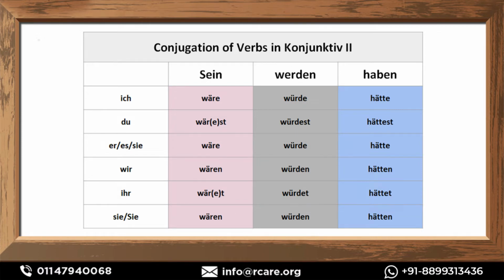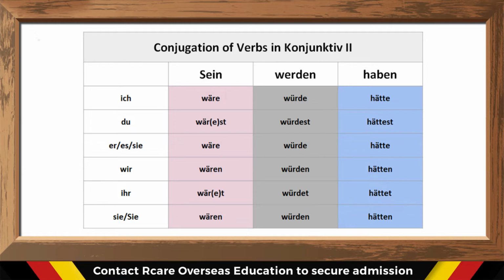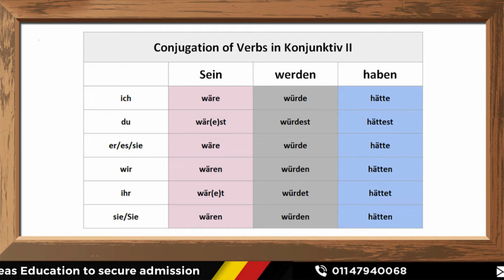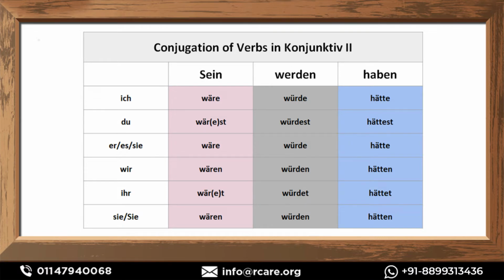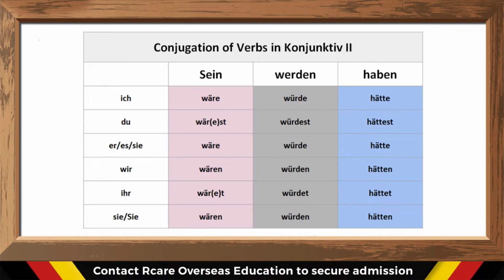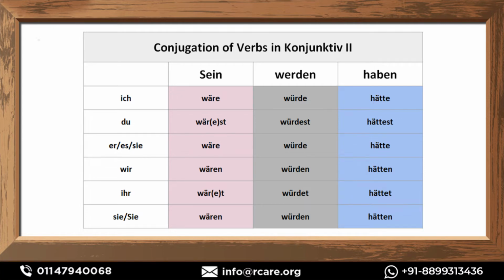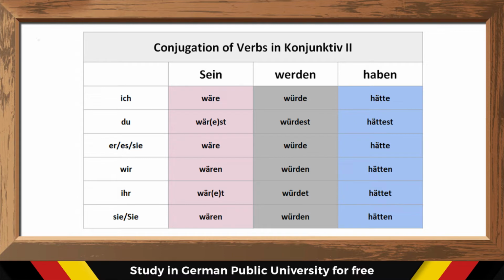Ich wäre, du wärest, sie wäre, wir wären, ihr wäret and sie wären. Please keep in mind that in the last row, the small s is for they and the capital S is for formal you.